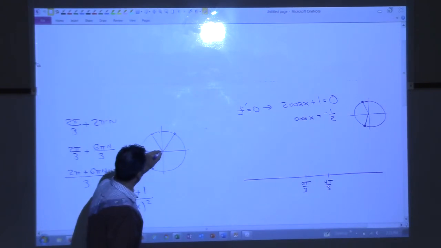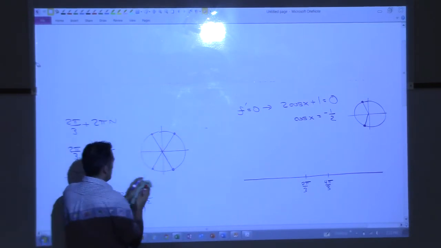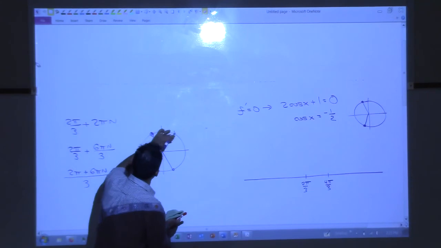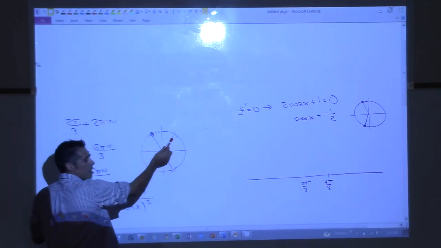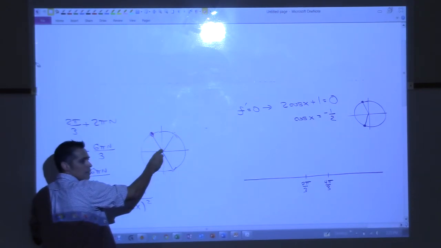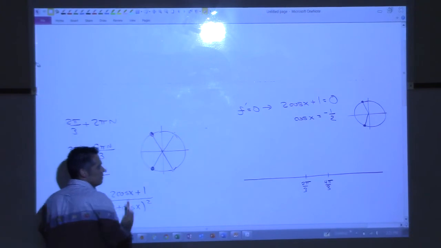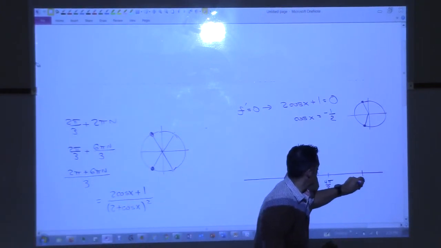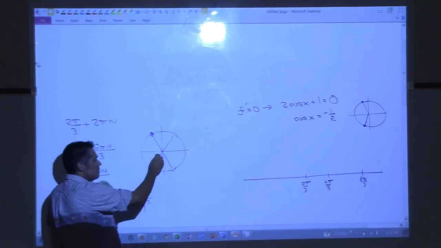Okay, so this is pi over 3, 2 pi over 3, 3 pi over 3, 4 pi over 3, 5 pi over 3, 6 pi over 3, 7 pi over 3, 8 pi over 3, 9 pi over 3, 10 pi over 3.